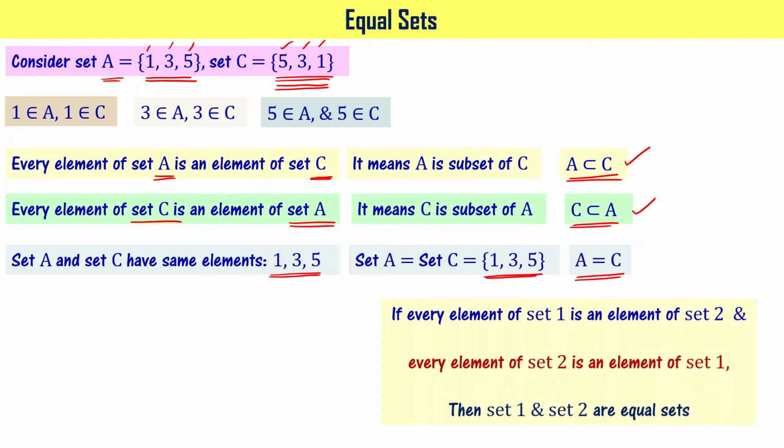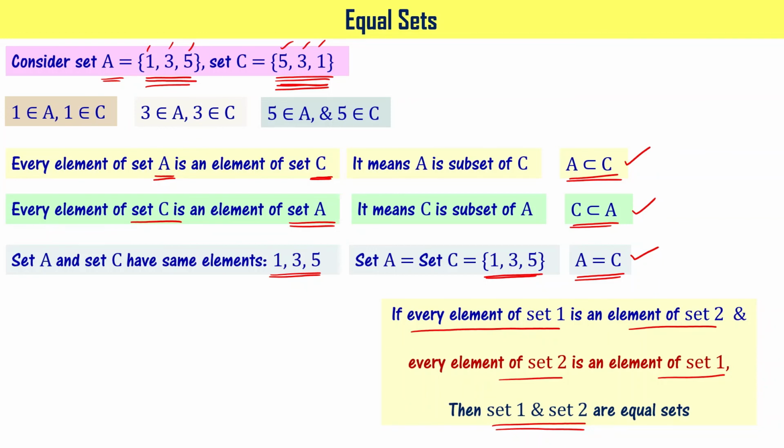So please note this: if every element of set 1 is an element of set 2 and every element of set 2 is an element of set 1, then set 1 and set 2 are equal sets. Understood? Here, because A has 1, 3, 5 and C also has 1, 3, 5 only, for that reason A is equal to C. Otherwise, you can say that A and C are equal sets.